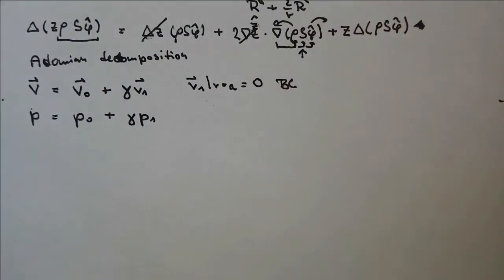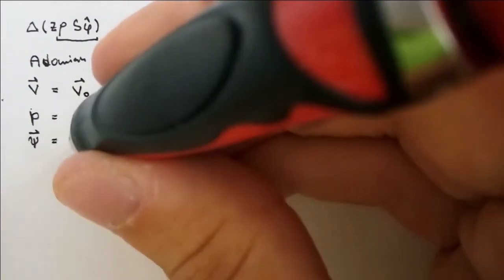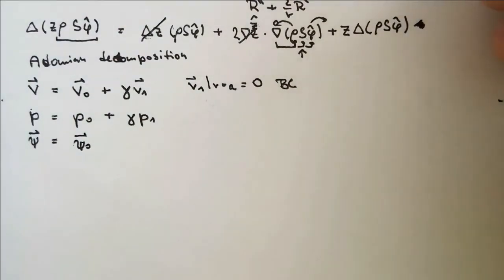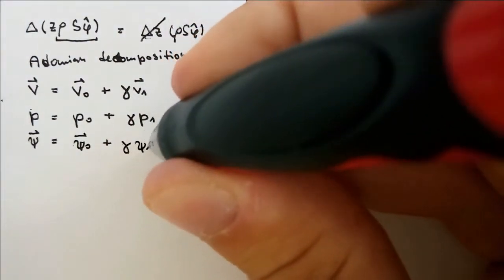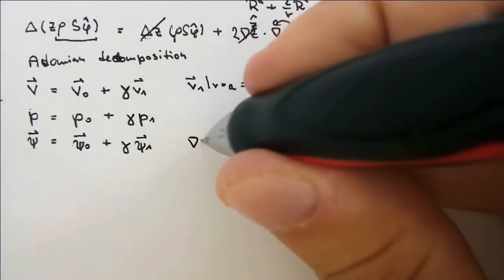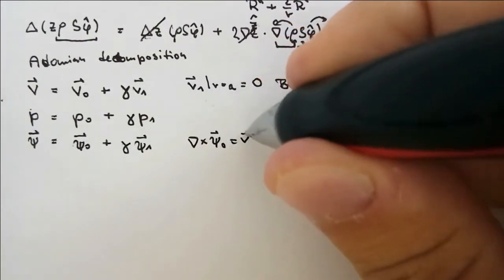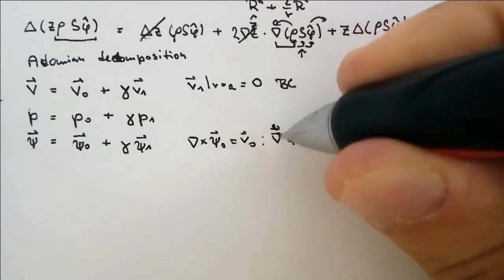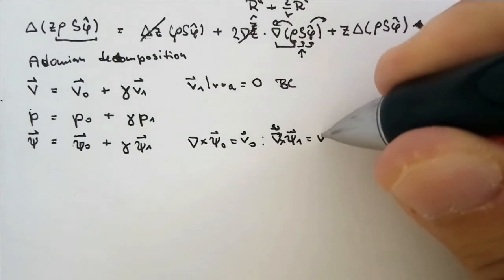And again, I forgot to mention that this V has an associated psi, solution of the problem, and this we can also decompose as V infinity, V0, which is psi 0, plus gamma times psi 1. Also, this is V0 and this is V1, the curl of this is V1.